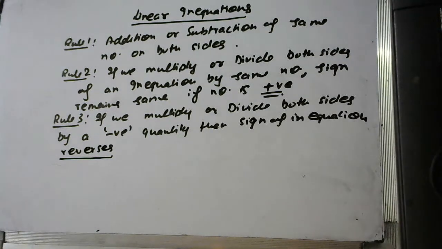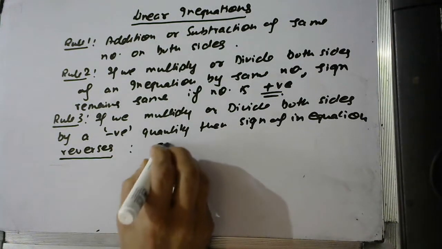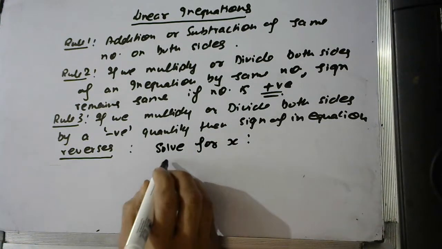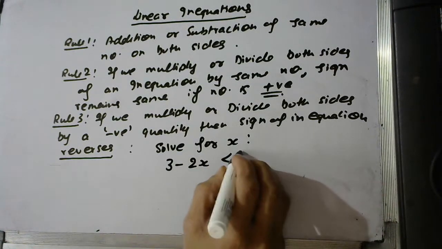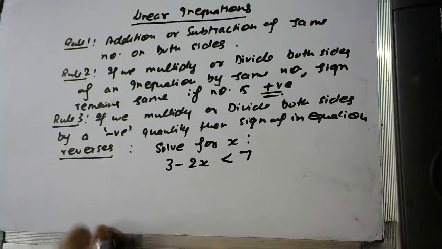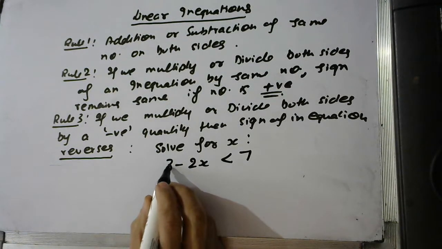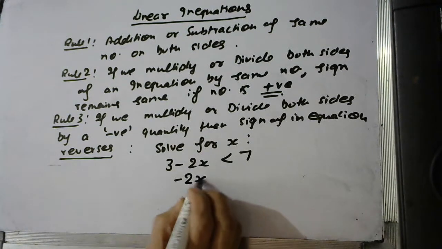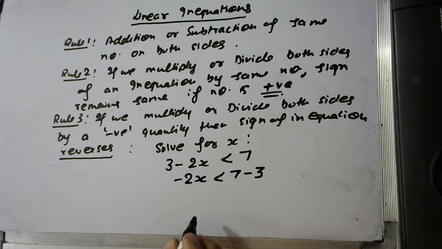Now let us consider an example to illustrate the third rule. Suppose I have to solve an inequation for x which says 3 minus 2x is less than 7. Now if in my first step I am taking 3 from left to right, so according to the principle of transposition, the sign will reverse.